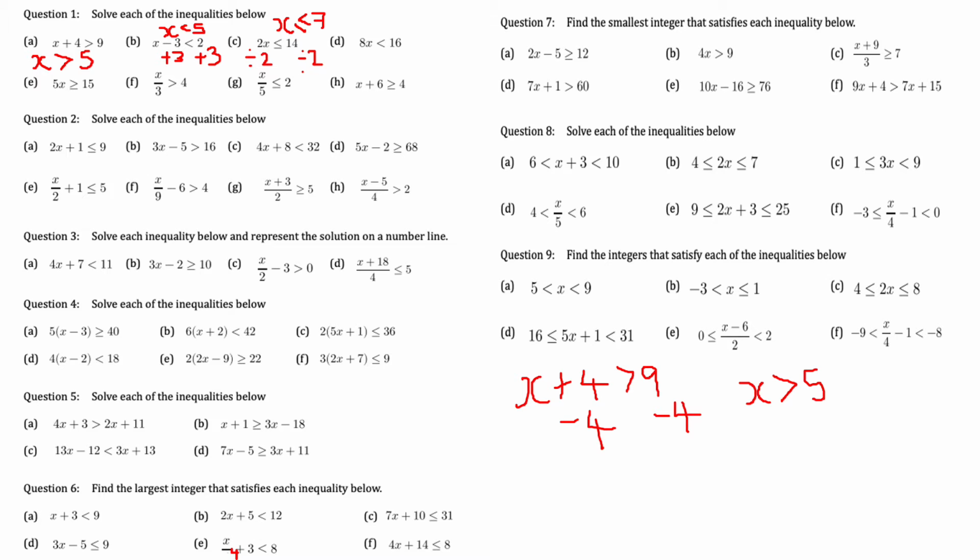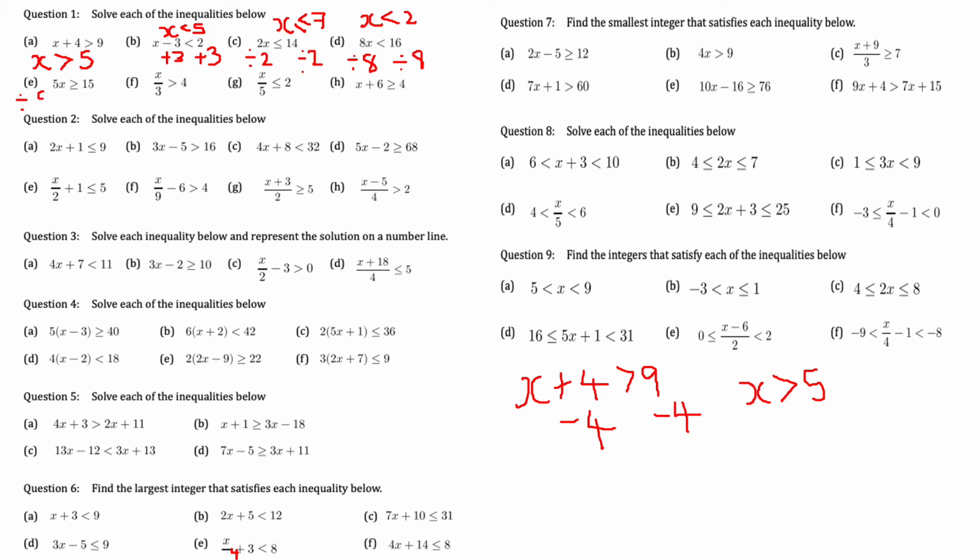Part D: 8x is less than 16. Dividing both sides by 8, guys. 16 divided by 8 is 2. So x is less than 2. For part E, guys, 5x is greater than or equal to 15.